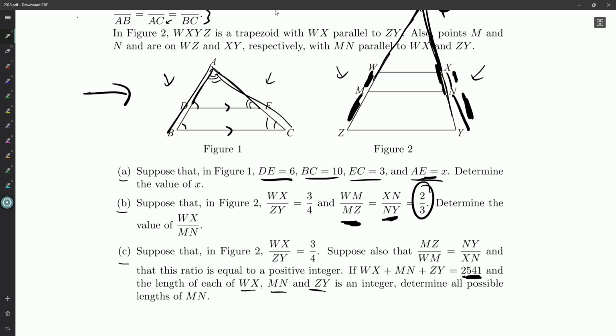Well, I feel like, once again, we're probably going to have to dip into the similar triangles by extending this point here.